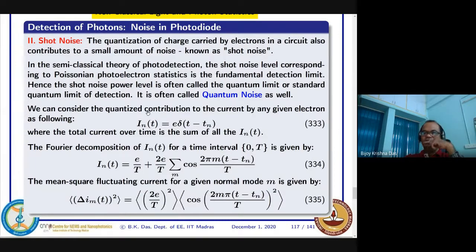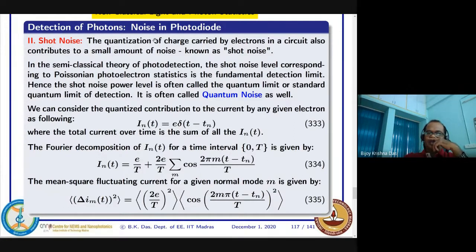We have some kind of derivation to explain that. It is basically called quantum noise, because it comes from the quantization of charge. One electron is generated, and in between, another electron will come at another time instant. There is no half electron or two electrons, so it is a quantization effect.